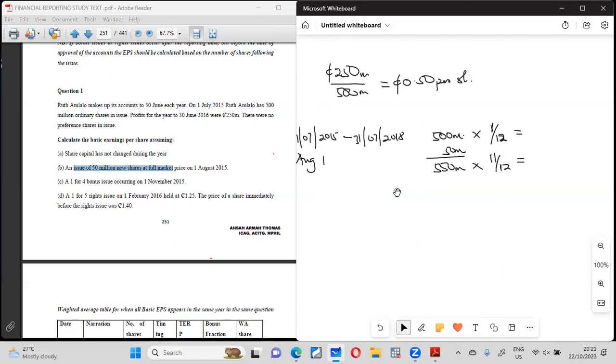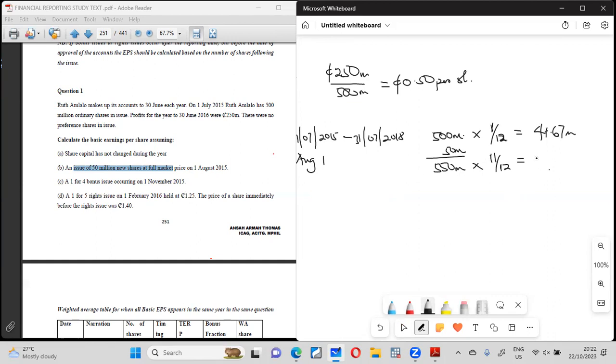All right. So you have 1 over 12 multiplied by 500. That is 41.67 million shares. And this one is 550 by 11 over 12.